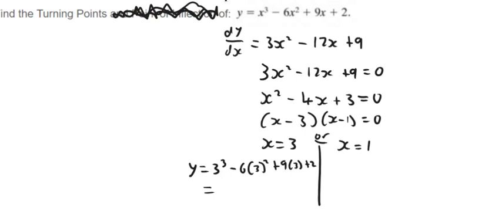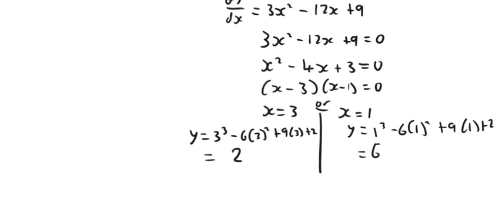So we should just get 2 there, and then put a 1 in, so y equals 1 cubed minus 6 times 1 squared plus 9 times 1 plus 2. So we should get 6 there. So I figured out my x and y values for each then, so I'm getting 3, 2, and I'm getting 1, 6.